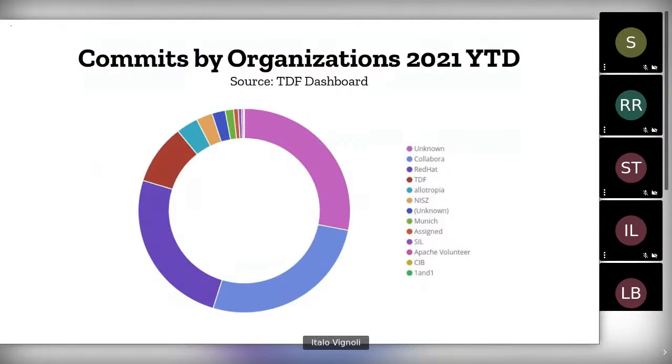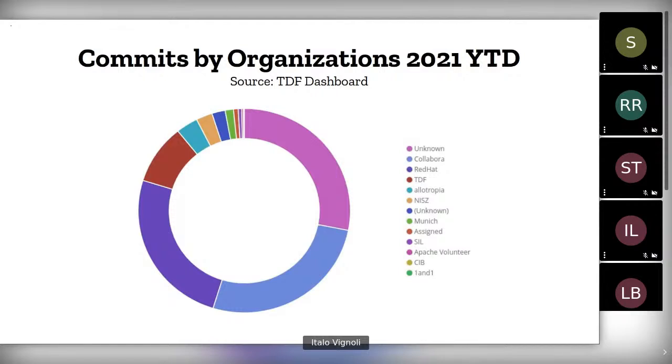It is of course difficult to attribute a name to people, to volunteers. So as the slide is based on organization name, volunteers' organizations are unknown, and therefore you find unknown in two different points in this slide.